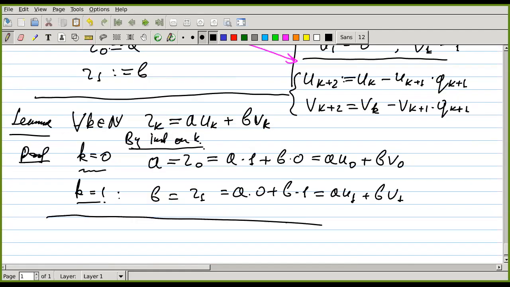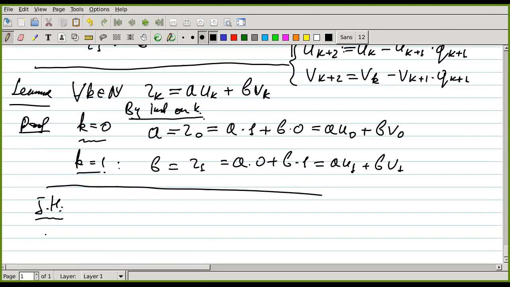And now, formally applying the strong induction, I can assume that for every number less than my given one, I have this equation. But in practice, only two previous numbers are needed. So I can put it the following way. I may assume that for K, my statement is true, and for K plus 1, it is true as well.